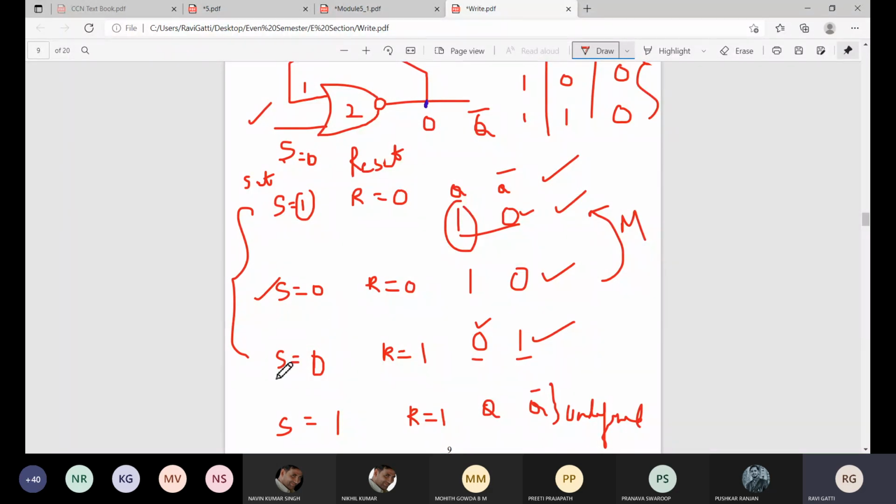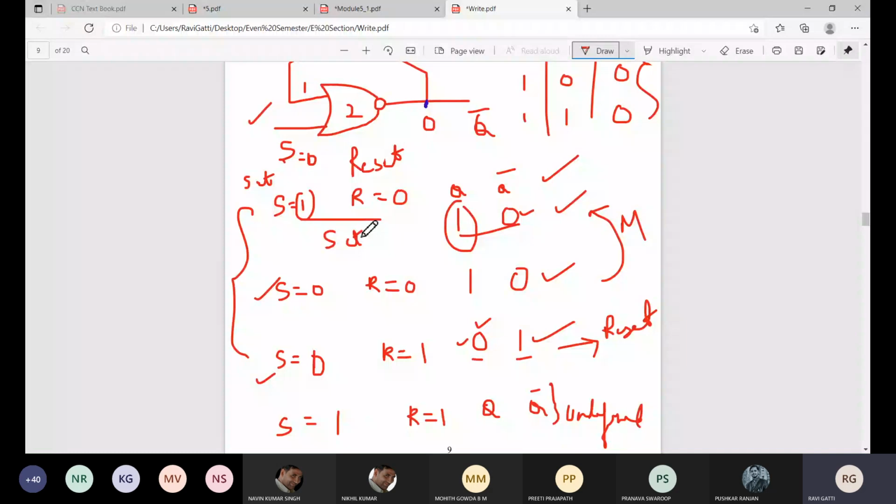Now consider this condition, when S is equal to 0 and R is equal to 1. R means reset, so reset means we pull down to 0. Therefore Q will be 0 and Q bar will be 1. This we call a reset condition, whereas the other is a set condition.